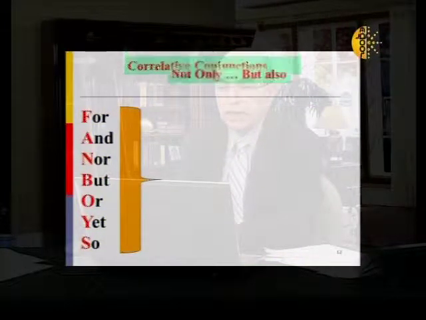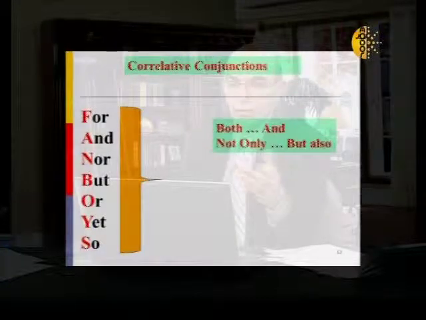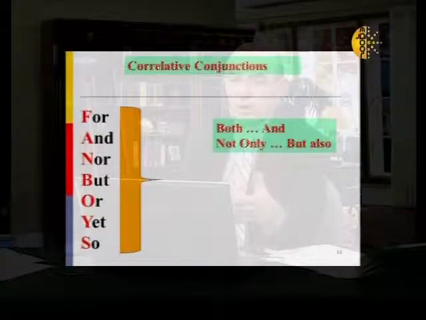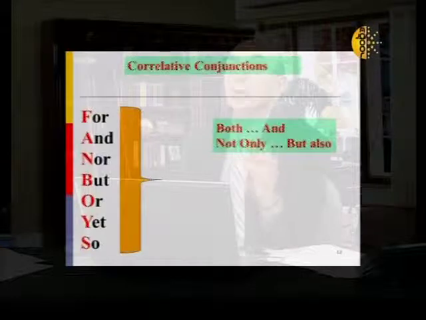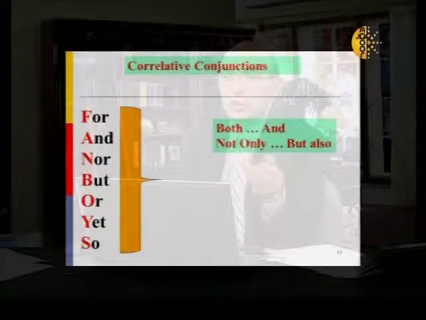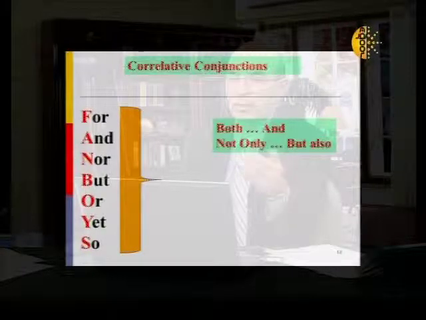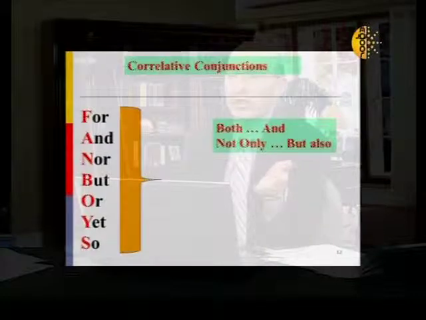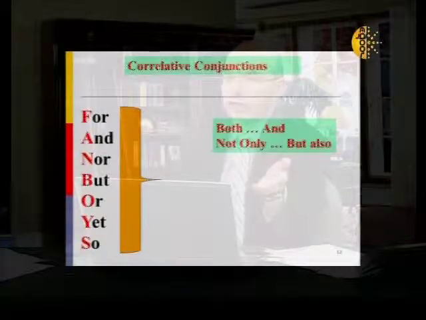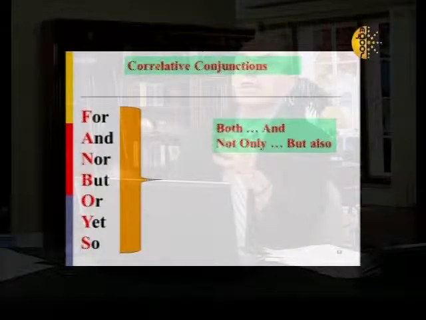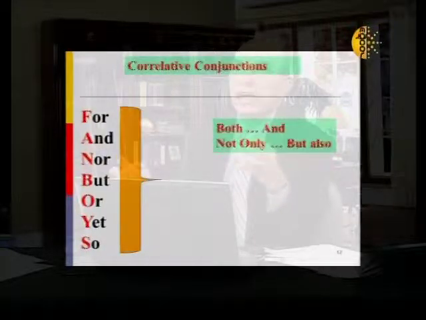Now, as we said, these were for, and, nor, but, or, yet, so. These are coordinating conjunctions. But what we are practicing today is correlative conjunctions. Means these conjunctions come in pairs, in twos.